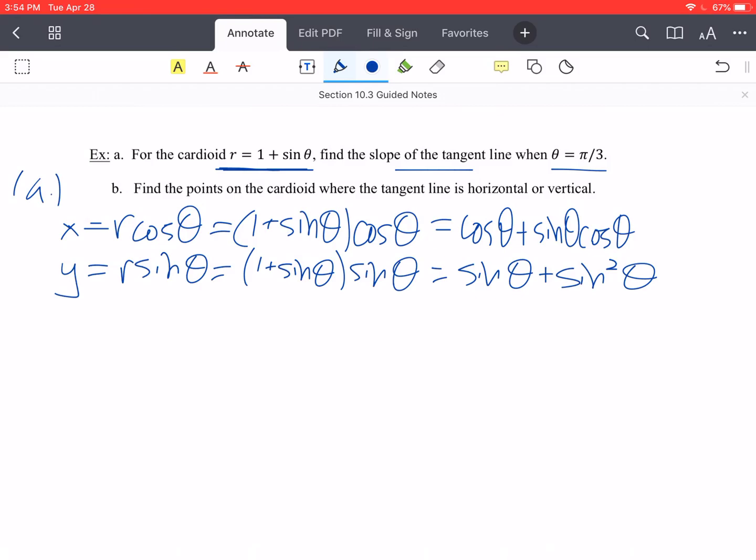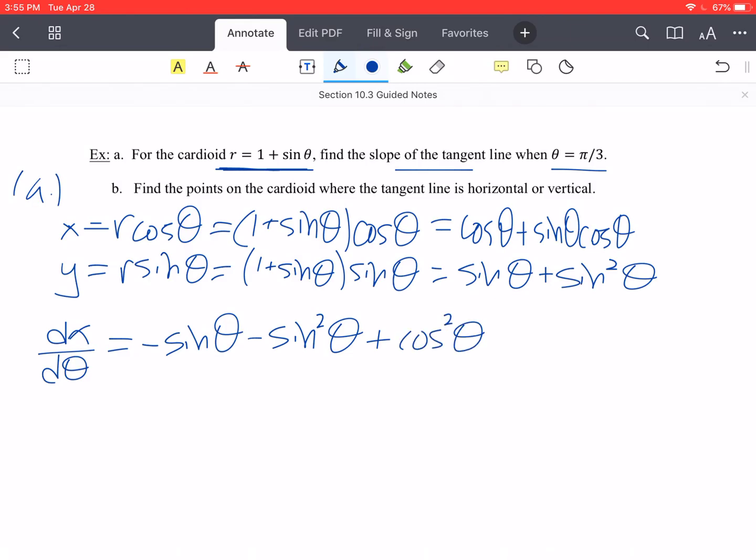So now we want to take the derivative of these. So dx d theta is going to be negative sine of theta plus sine times cosine, so we have to do the product rule on this one. So first times derivative of the second, so that's actually going to be minus sine squared theta, plus derivative of the first times the second, so that's plus cosine squared theta.